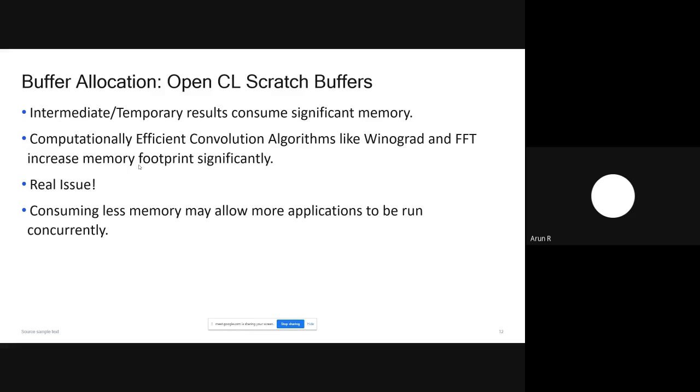So these intermediate and temporary resources consume significant memory, and many computationally efficient convolution algorithms like FFT based convolution increase memory footprint significantly.